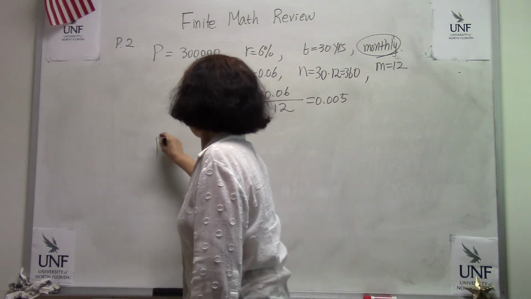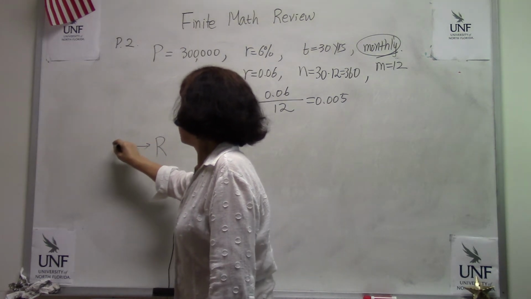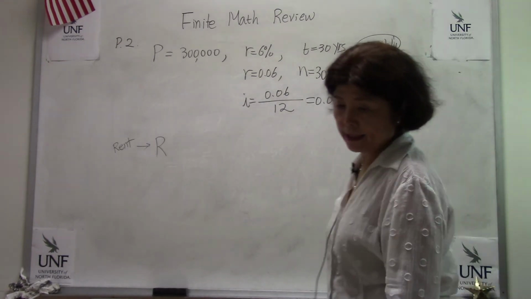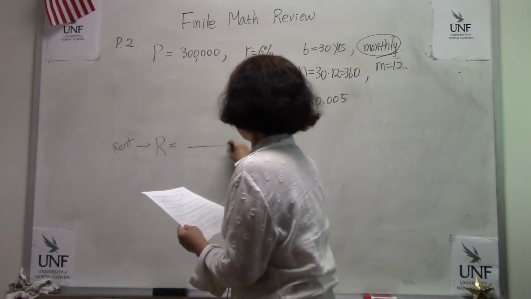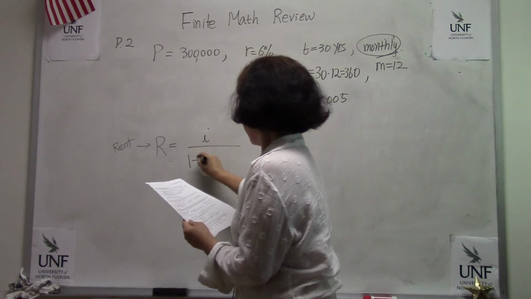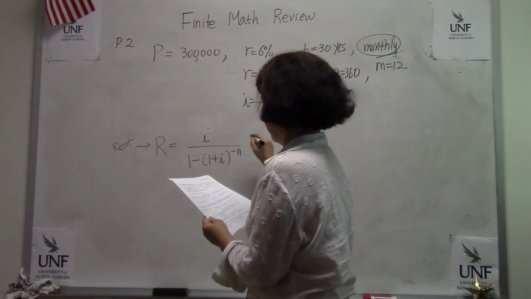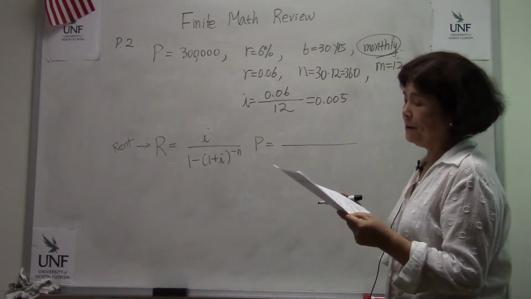Okay, in an annuity problem, this is called the rent. So what kind of formula do you need? That is i over 1 minus (1 plus i) to the negative n, times P. Once you put it in there, yes.